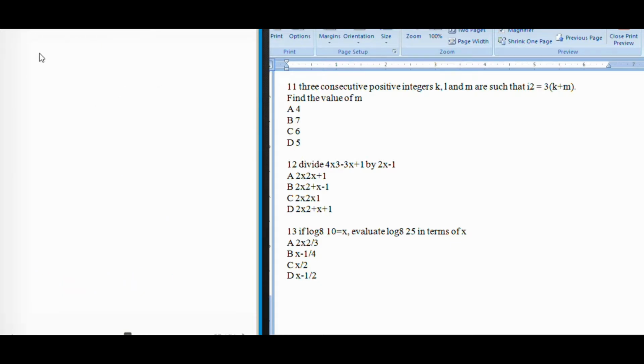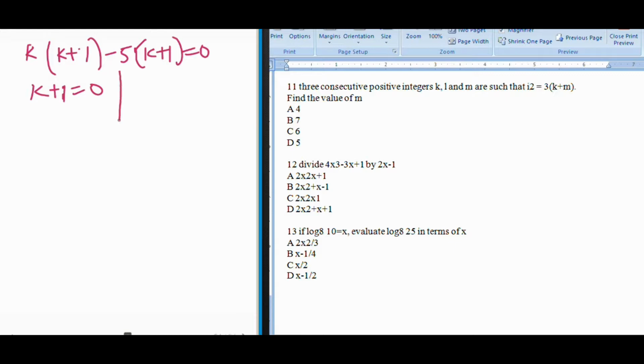Since if K is plus 5, then the consecutive numbers are 5, 6, and 7, because we say the numbers are K, K plus 1, and K plus 2. Then if our K is minus 1, it means the consecutive numbers are minus 1, 0, and 1.